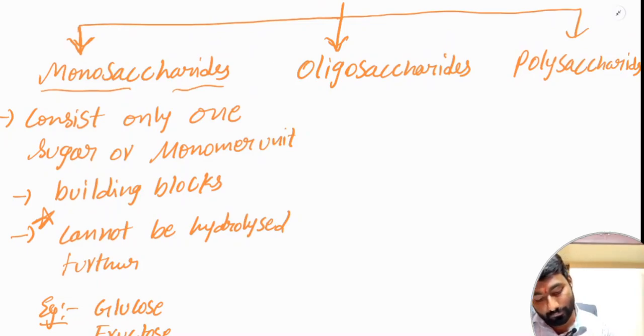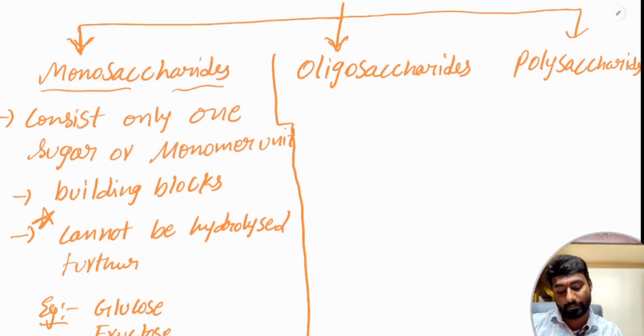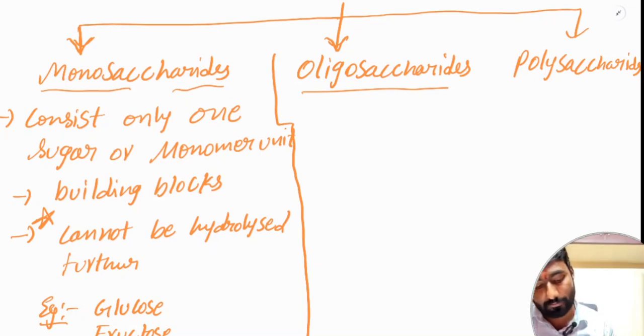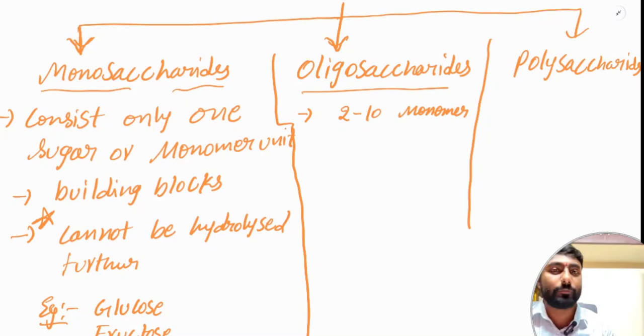Now come to oligosaccharides, students. In a few textbooks, the classification is given as monosaccharides, disaccharides, and polysaccharides. It is mainly because in oligosaccharides, particularly disaccharides are of more medical importance. Okay, don't get confused in that part. Usually it consists of 2 to 10 monomeric units. A few textbooks say it is 2 to 9 monomeric units.